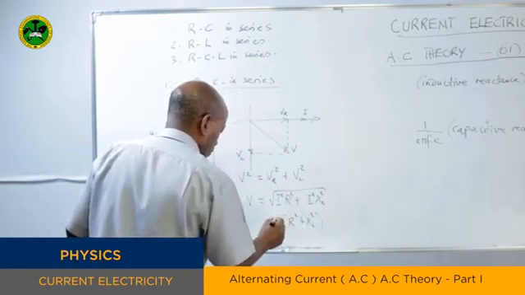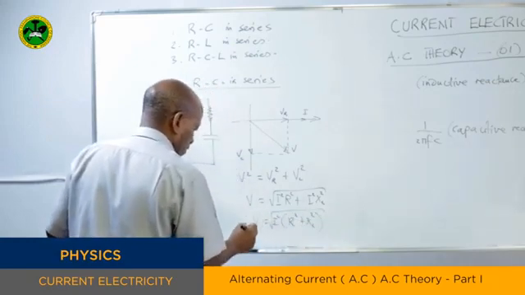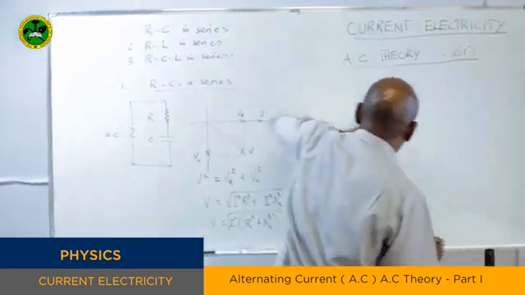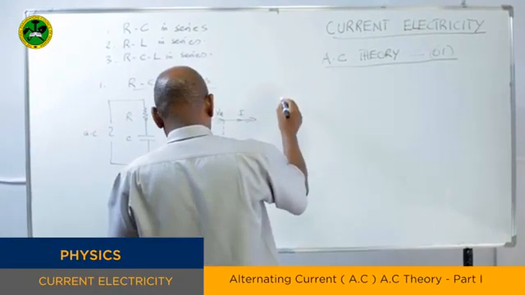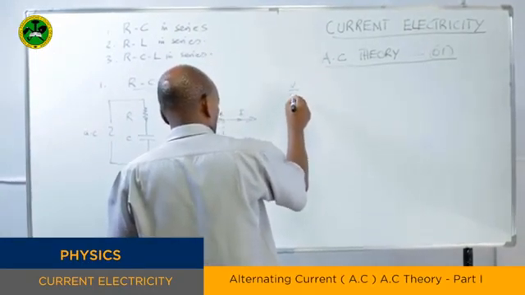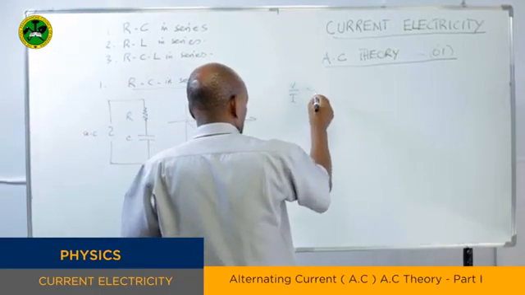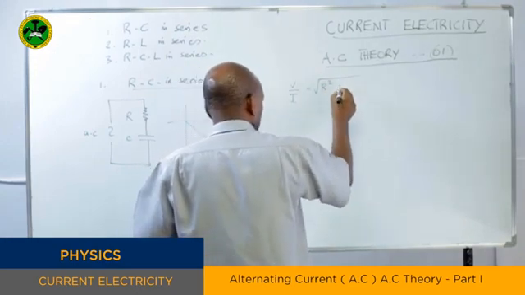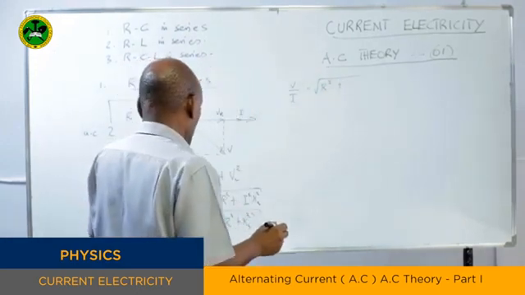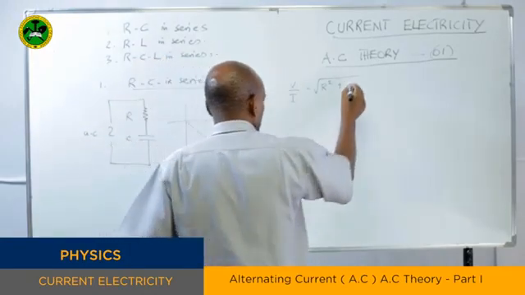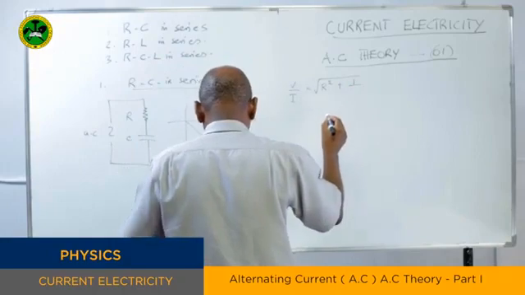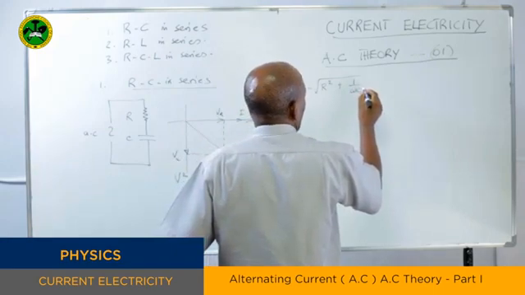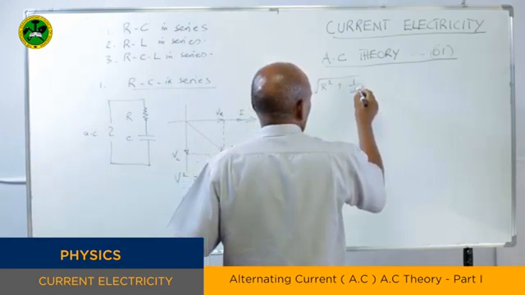So we are going to have V over I, taking I outside, and inside we remain with R squared plus the capacitive reactance squared, where the capacitive reactance is 1 over omega C, squared.